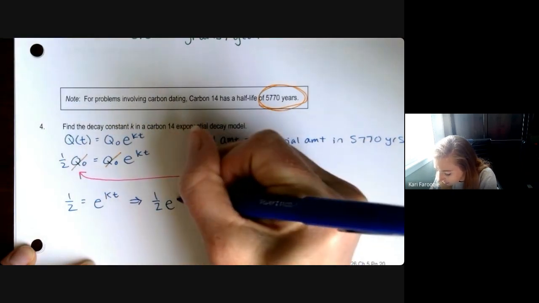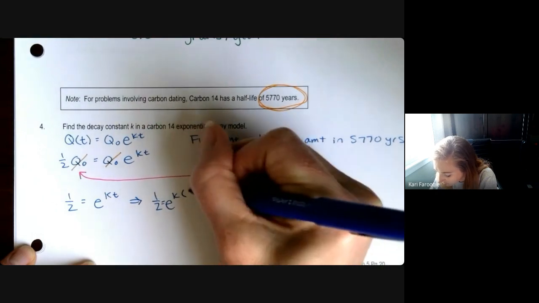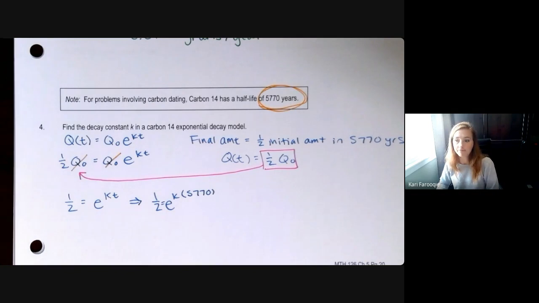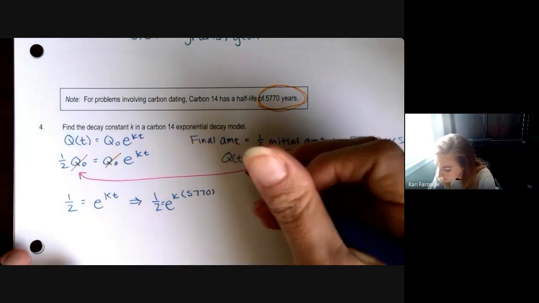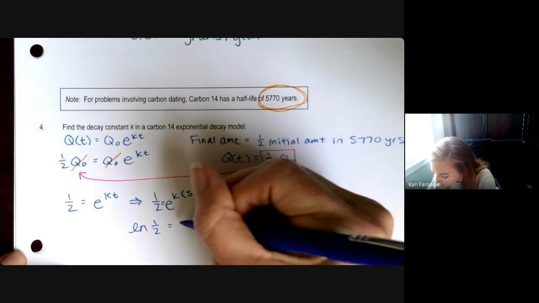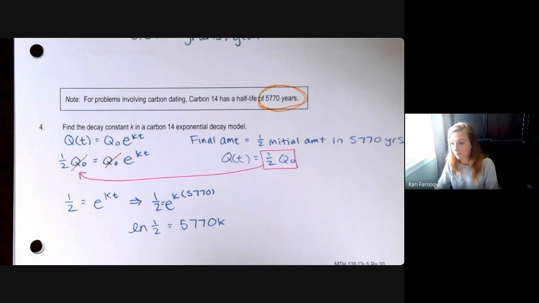1/2 is e to the K times 5770. And then we'll solve for K. So take the natural log on both sides. So now we have natural log 1/2 is 5770K.